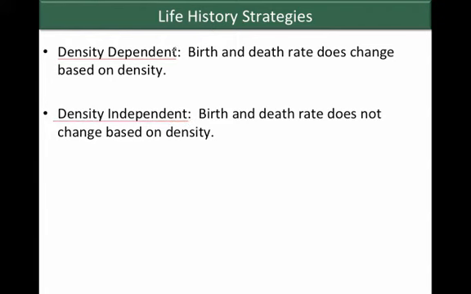Okay, density-dependent factors are factors that will affect the birth and death rate based upon that density. These could be factors like disease, predation, territoriality, toxic waste. As the population gets larger and larger, it will cause a buildup of toxic waste, which could have a negative impact on that population's growth. With more toxic waste, you're going to have an increase in the death rate.